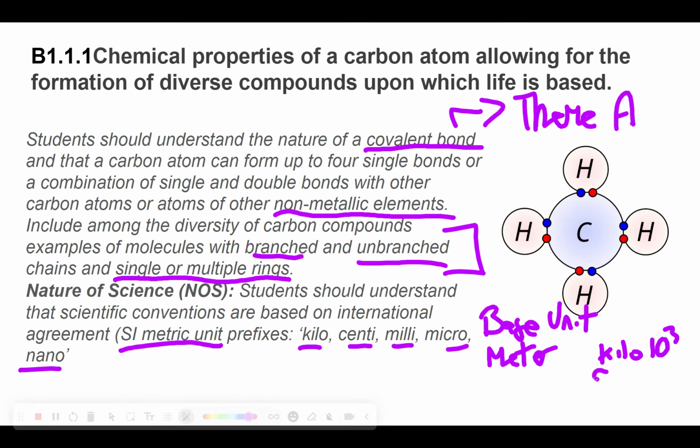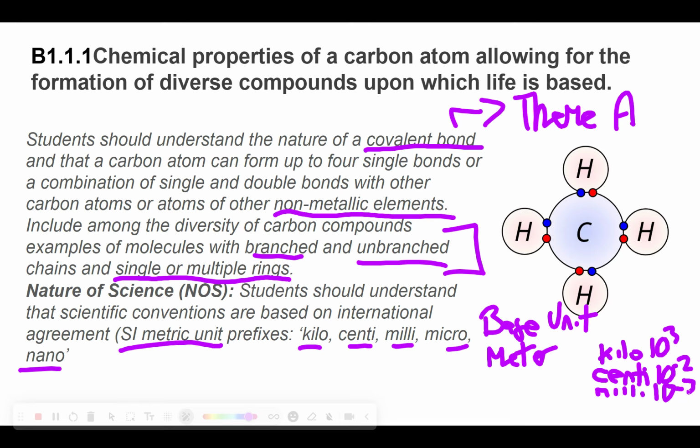A centi would be 10 to the negative 2, so then you're getting smaller than a meter. If you can picture a ruler, a lot of rulers are marked in centimeters. A milli would be a 1,000th, which is 10 to the negative 3.